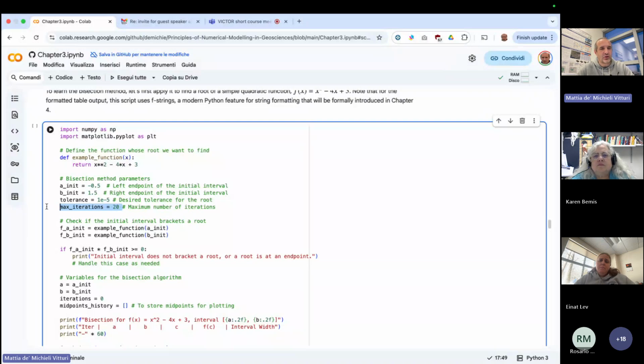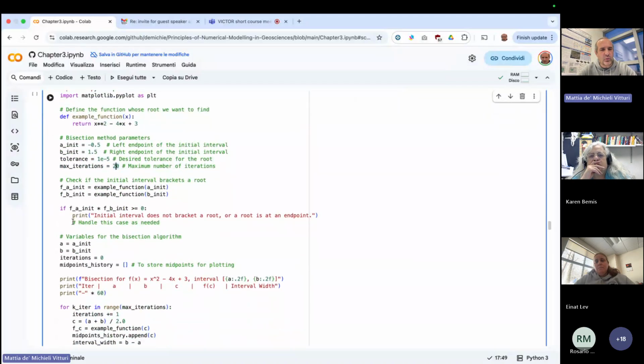Then at the second iteration, 1/2, then 1/4, and so on. So with 20 iterations, you can see that it will give you a very small interval, so we will get the solution with a good approximation. And now here we are doing exactly what was written in the slide. We compute the function first in A, then in B.